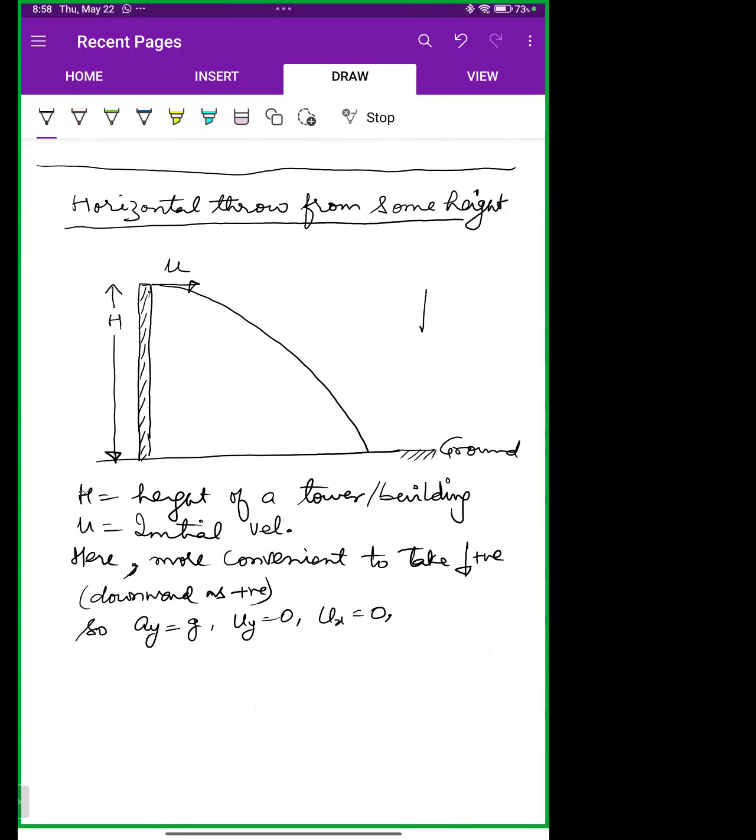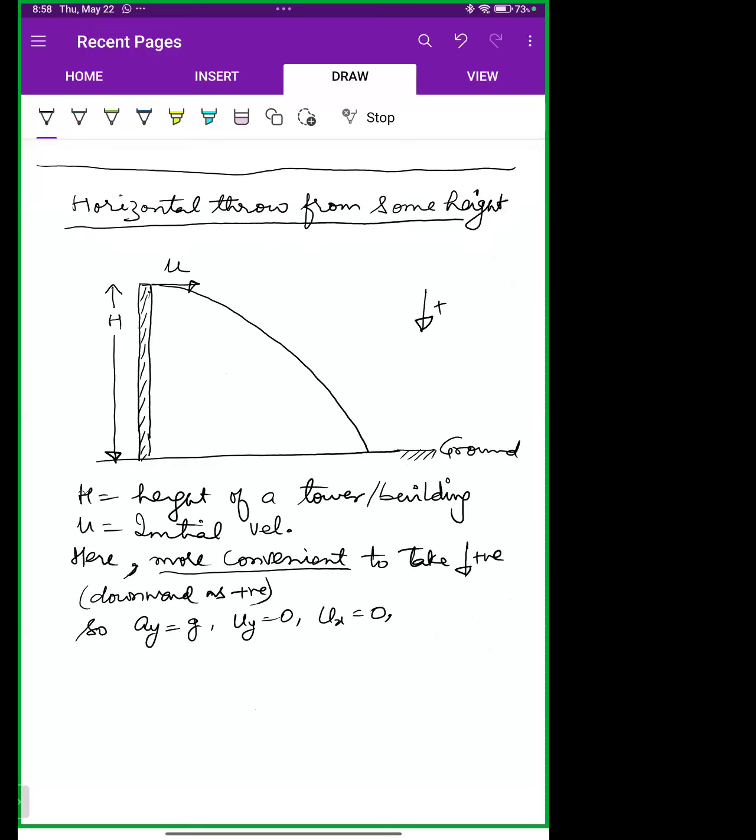We have taken the downward direction as positive because the body is not going up in any case. Never will its velocity be upward. Its velocity is not going to be upward. Its acceleration is also only downward. So I have taken it for convenience, more convenient, okay?